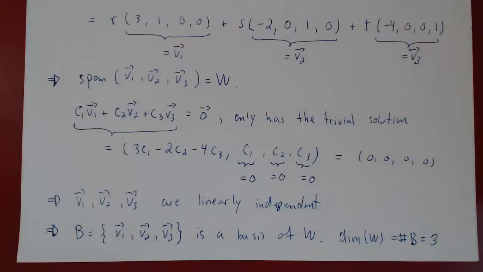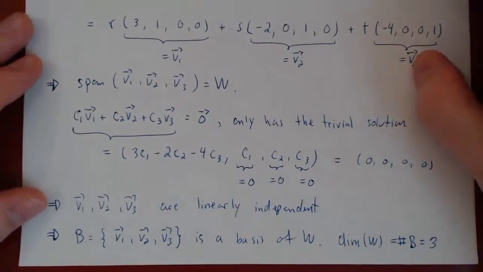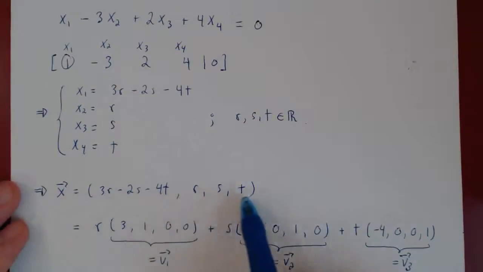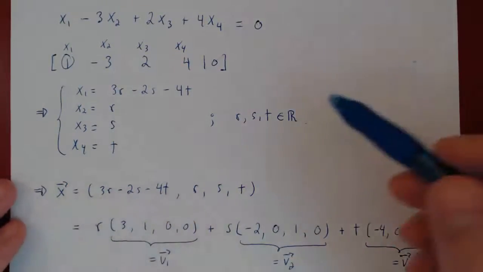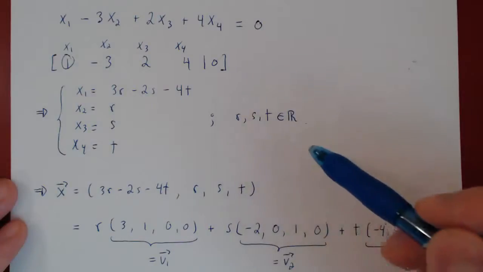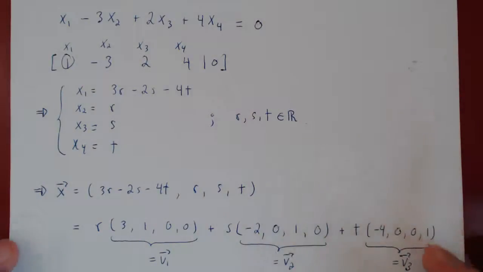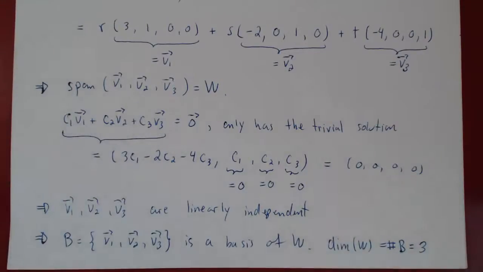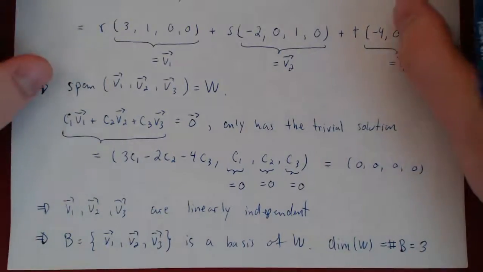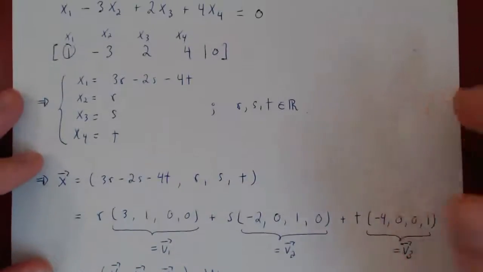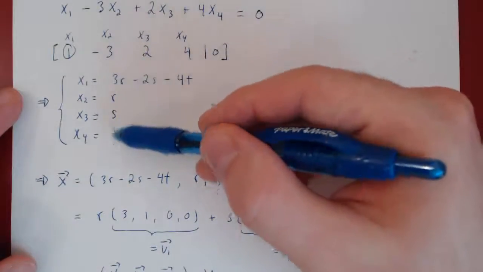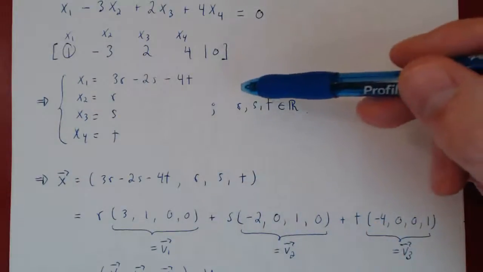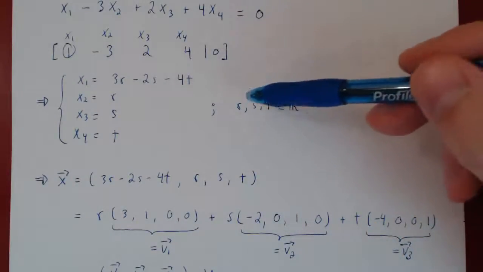And one last observation. If you notice, when we solved for the elements of our space explicitly, we had three free variables. And as you can see, the dimension of the space is equal to 3. And this is not a coincidence. Every time you find a basis of a vector space, you will first have to solve for the vectors in the space explicitly, and you'll always get a certain number of free variables, of parameters.